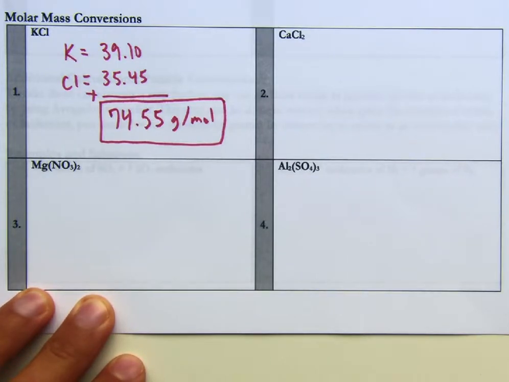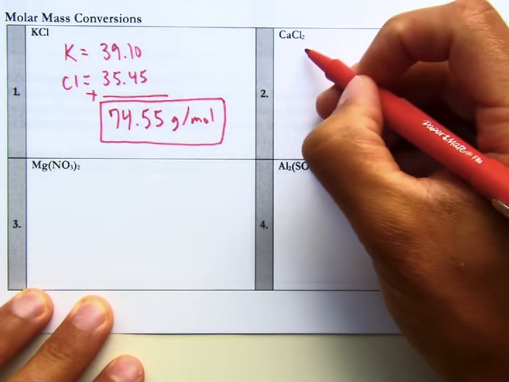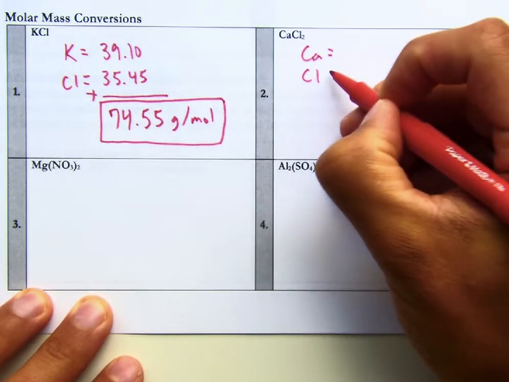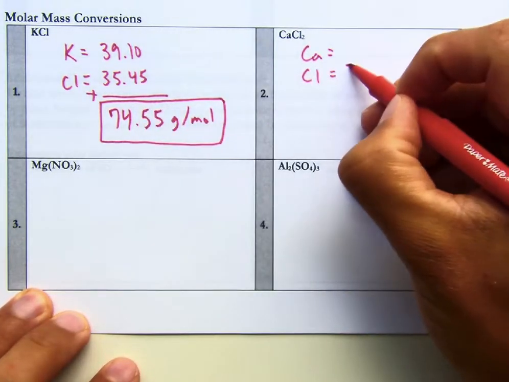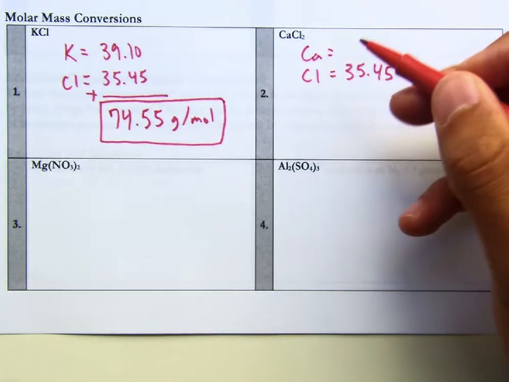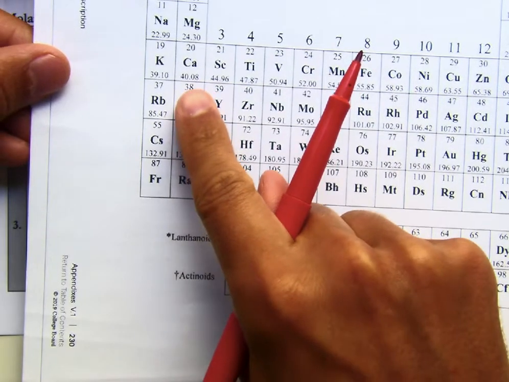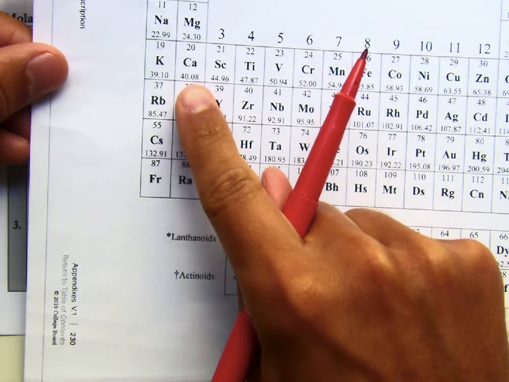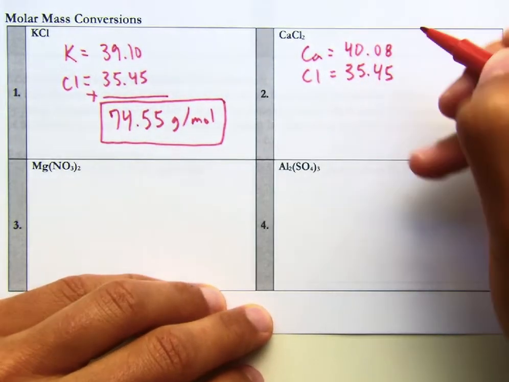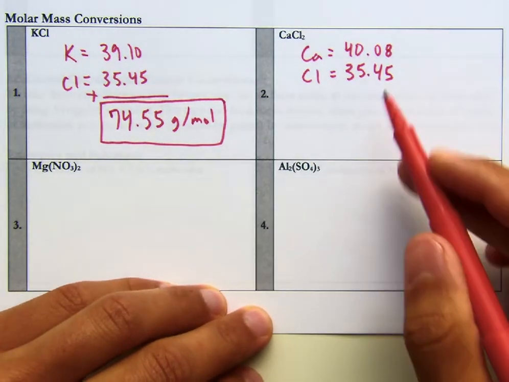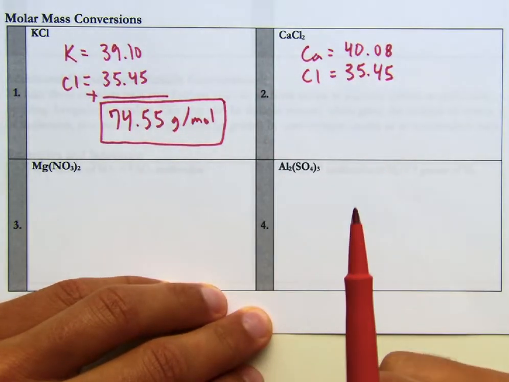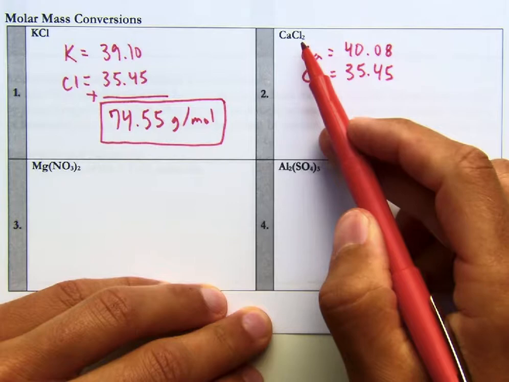Add them together. Next we have calcium chloride, Ca and Cl. Now we actually had Cl on the last problem, so it's 35.45. And Ca is actually right next to K. It's right here, 40.08. So now we know the mass of each element. Are we just going to add them together like we did over here? Well, we are going to add them together, but not quite so fast because we have 2 chlorines here.